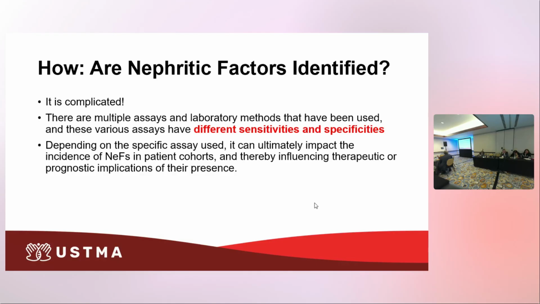Depending on the specific assay that's used, it can influence the published incidence of nephritic factor in a patient cohort. If there is a less sensitive assay, your incidence of nephritic factor may be lower than with a more sensitive assay. And ultimately, the presence or absence of nephritic factor driven by the specific methodology in question could influence our therapeutic or prognostic understanding of their presence.